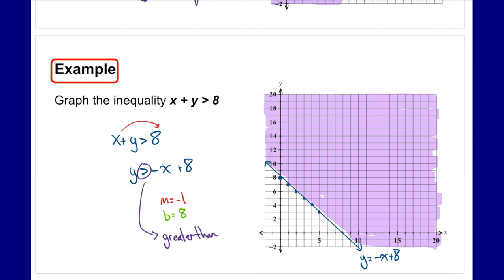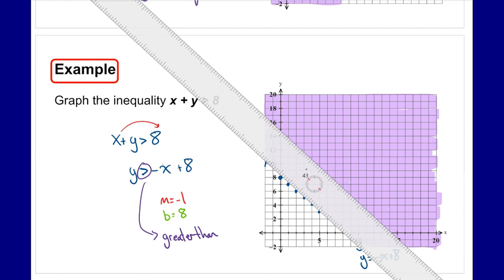Now, because it's greater than and not greater than or equal to, we actually have to go back and do something with our line. What we have to do is make a dotted or a dashed line. So this line is not going to be completely solid.